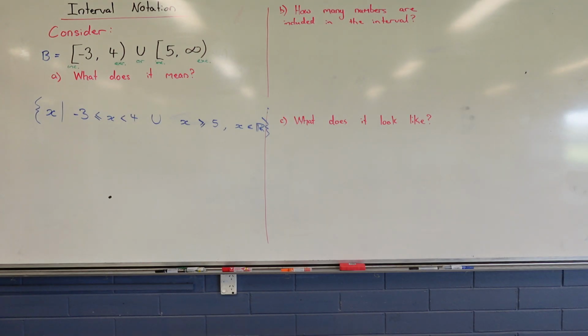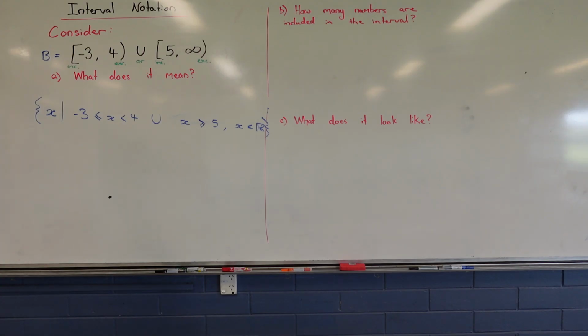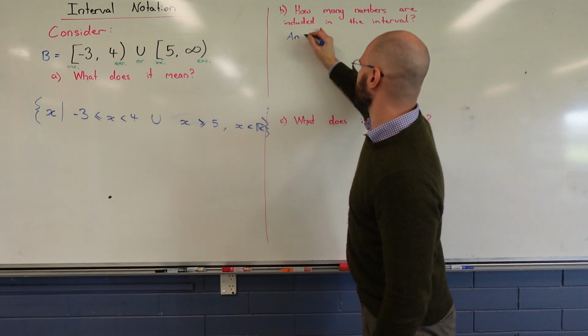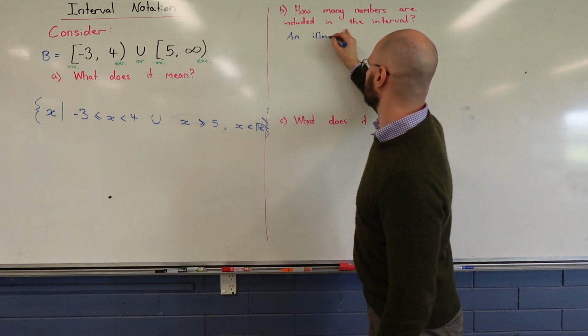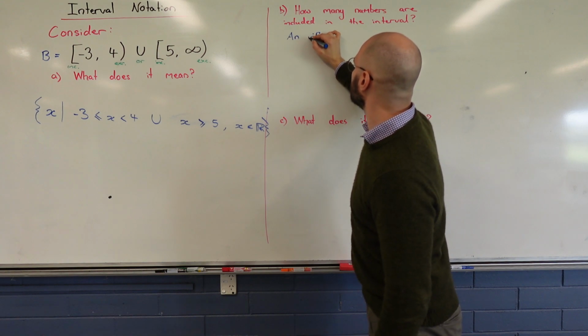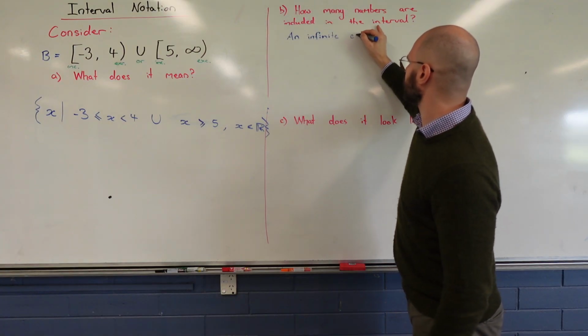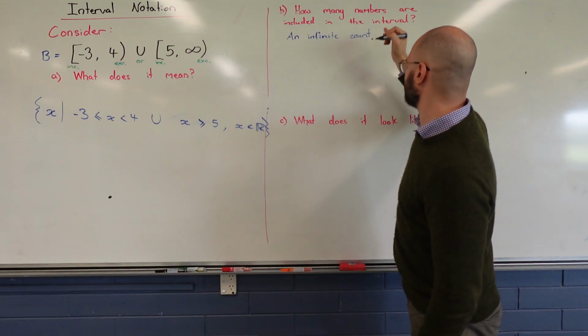Now, the question is, how many numbers are included in this interval? Infinity. An infinite amount. Quite a lot. It's probably going to be all, isn't it? If you didn't start counting them, you can always start like at 1. An infinite count.